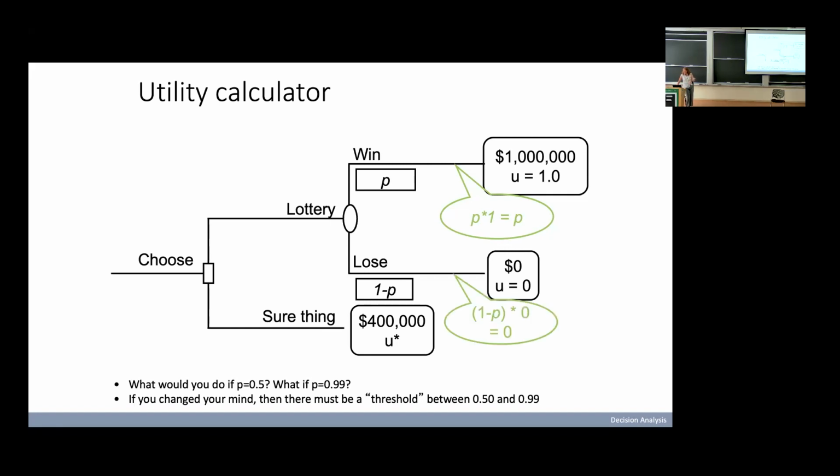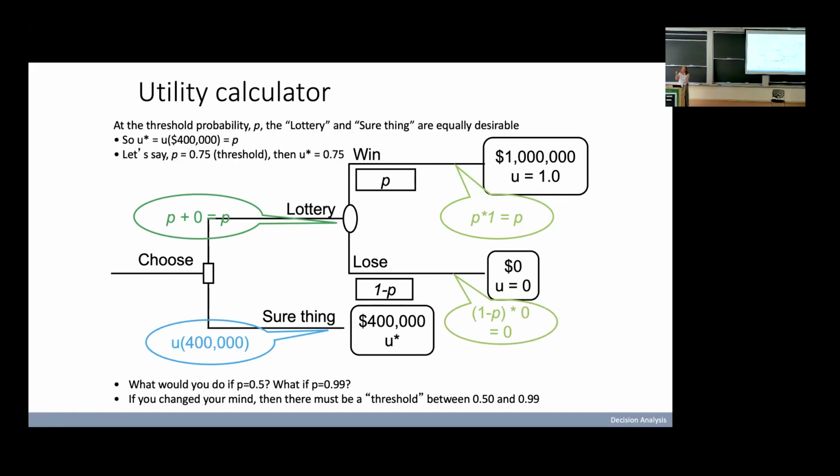For the lower arm, because the utility is 0, it basically cancels out, so our overall calculation for the lottery arm would be p. We don't know what the utility for $400,000 is, right? But we need to figure out where those two are exactly the same.